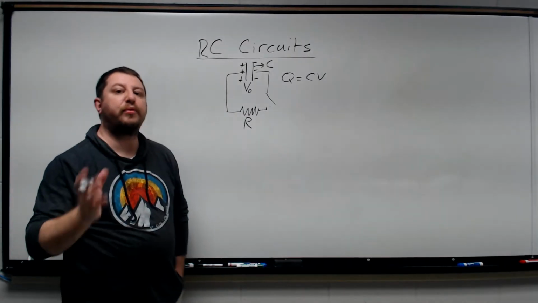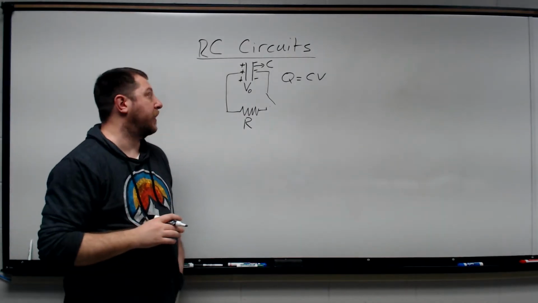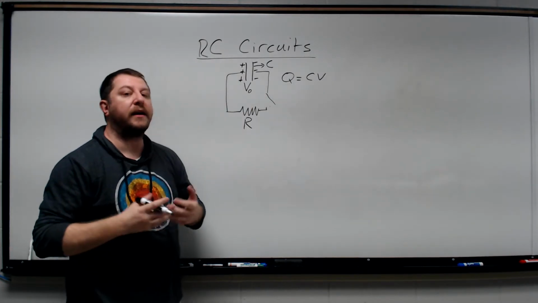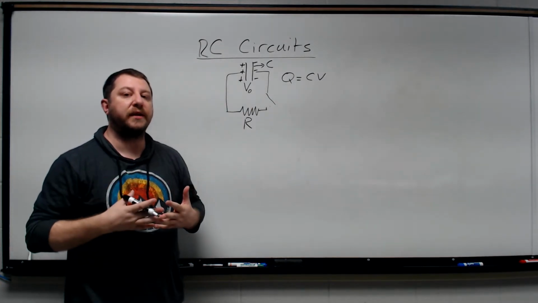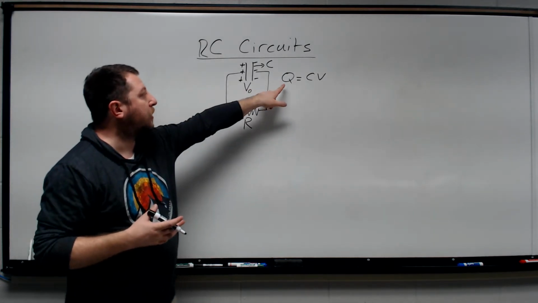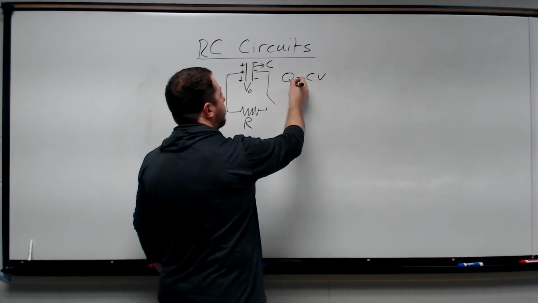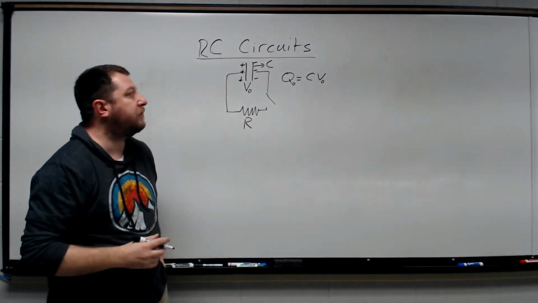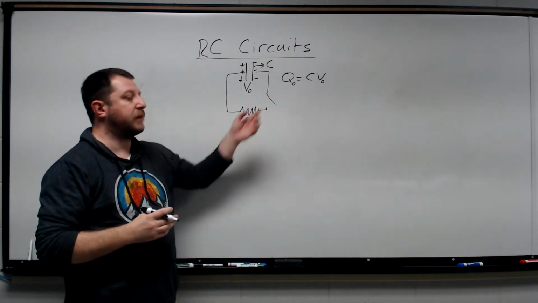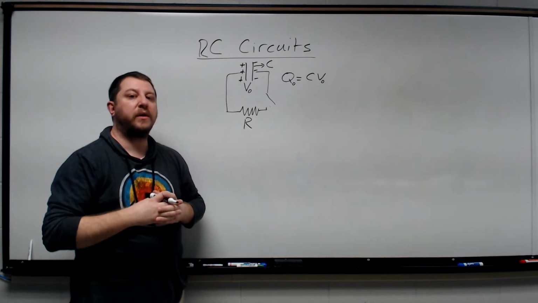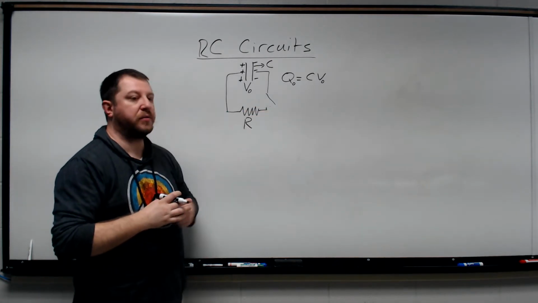If I look at the voltage across the capacitor, this is what the initial voltage across the capacitor will be, and it will be charged with an initial amount of charge Q naught, and Q naught and V naught will have this relationship. Now, qualitatively, what's going to happen when I close the switch?